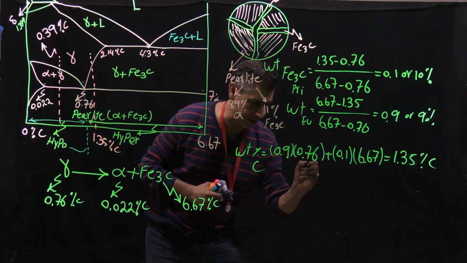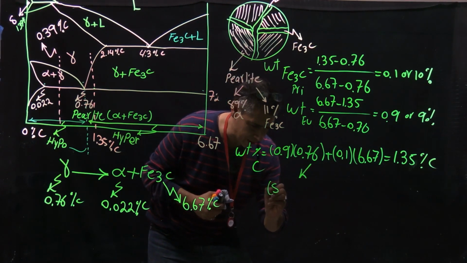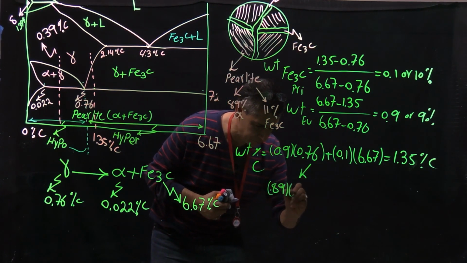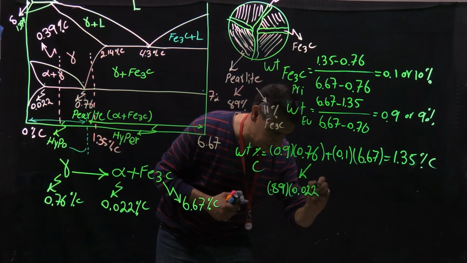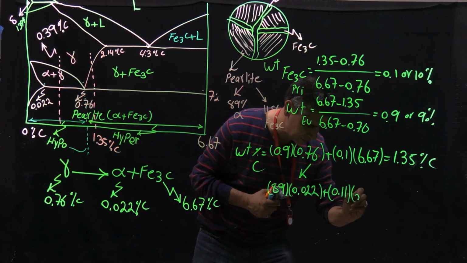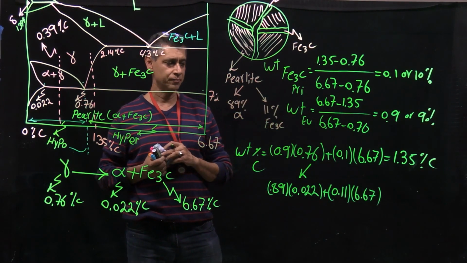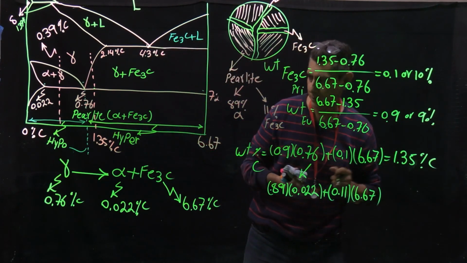And if you like, you can break this one down to again 89% of ferrite plus 11% of cementite. That exactly looks the same. So I end up having the same.